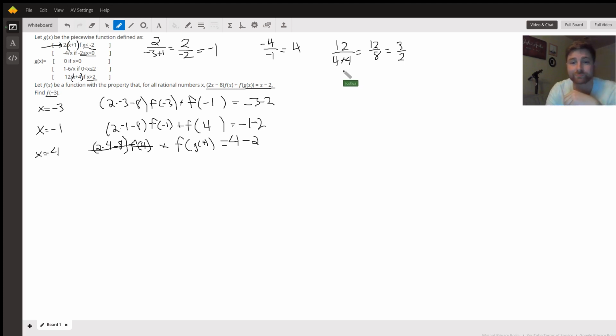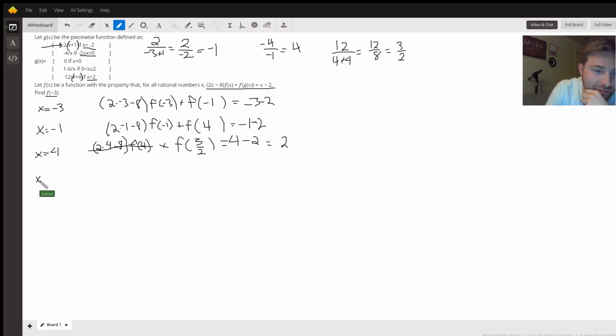So we can take out a 4 from each. Now we just figured out that f of g of 4 is f of 3 halves. F of 3 halves is going to equal 2. Interesting. Not quite there, but we're almost there.